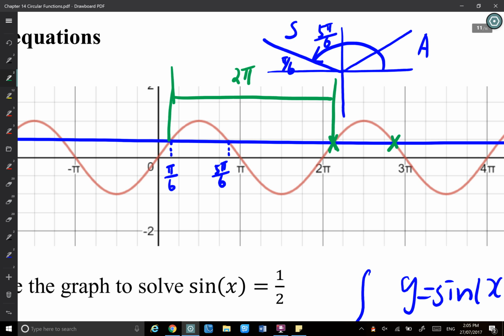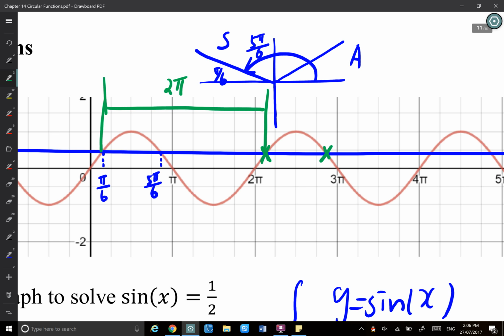For a circular function, there is a value, and after a period you still get the same value, because it turns a full cycle and comes back to the same value. So you can keep adding a period to your first solution and keep adding a period to your second solution. In each period there will be 2 solutions for sine and cosine, and we can keep adding that.